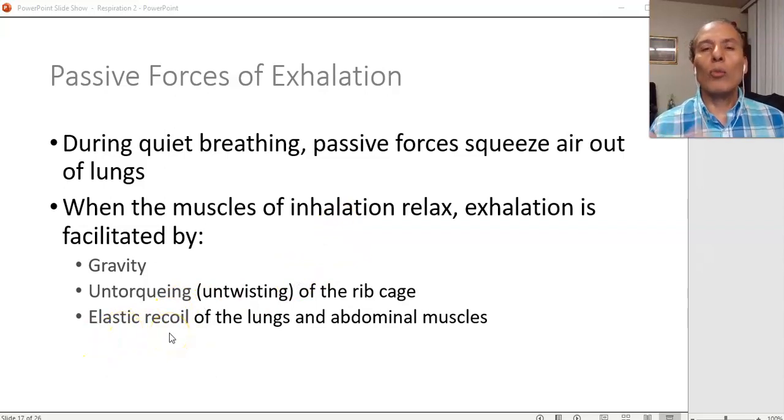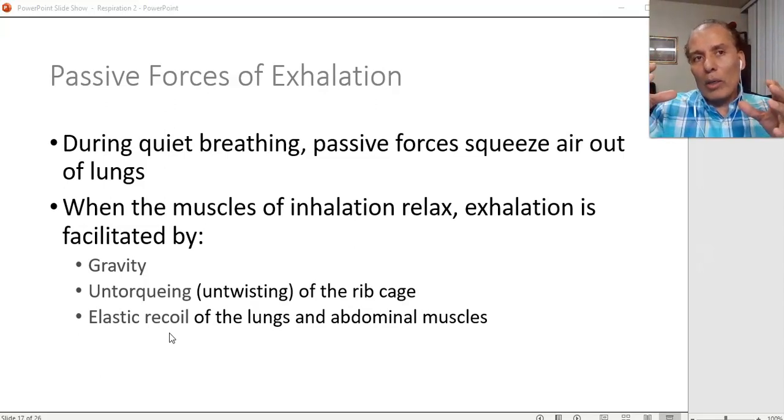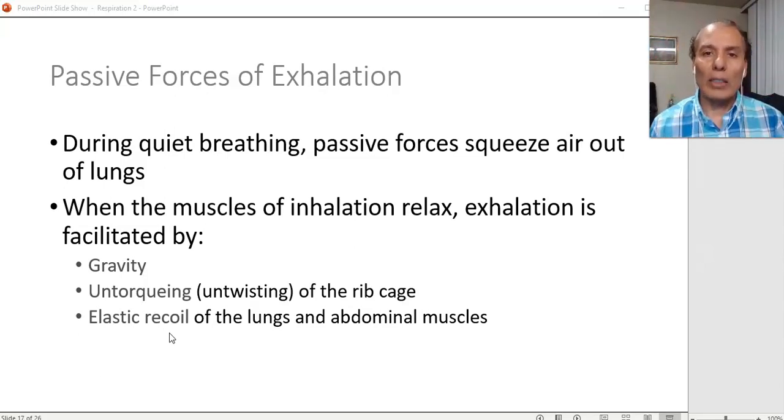Elastic recoil will act on more than one thing. Elastic recoil means when you stretch and let go, things will go back to their original position. First, we have the lung tissue, stretchy and rubbery, which bounces back to where it was. When the lungs are being compressed, the tissue of the lungs itself wants to go back to its relaxed state. So elastic recoil acts on the lung tissue by making it shrink back.